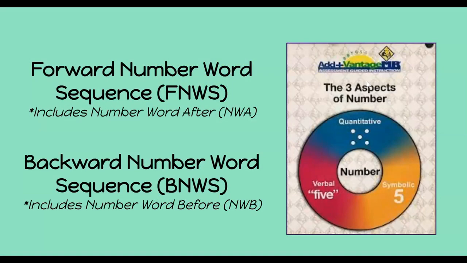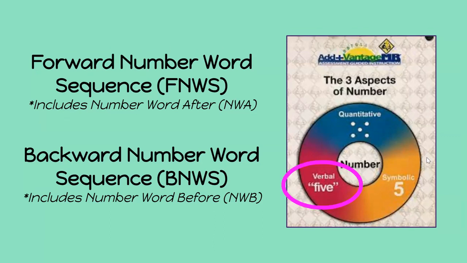So we'll begin with the forward number word sequence and backward number word sequence. This refers to the ability of our students to count verbally, or what we might think of as rote counting. It does not include one-to-one correspondence or counting a collection of things. A big takeaway I had from AVMR 1 is whatever we do forwards, we have to do backwards.